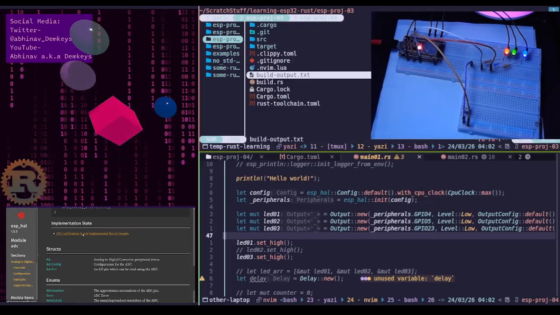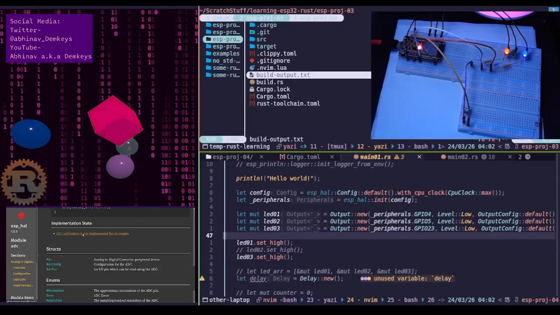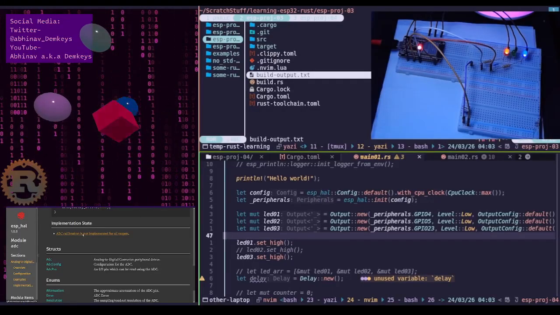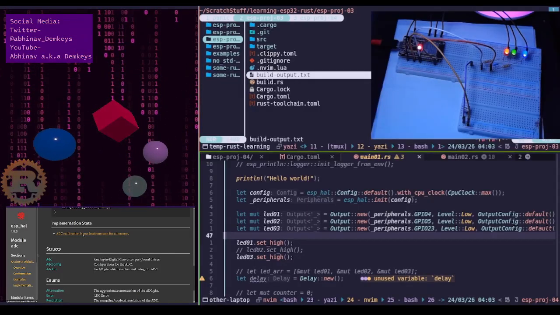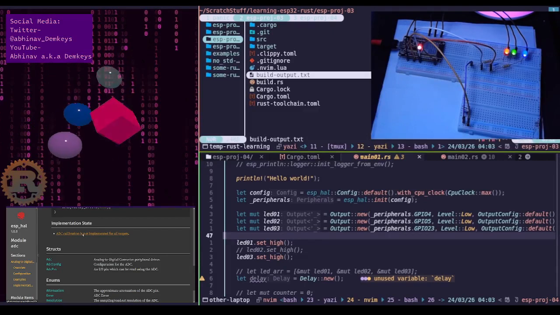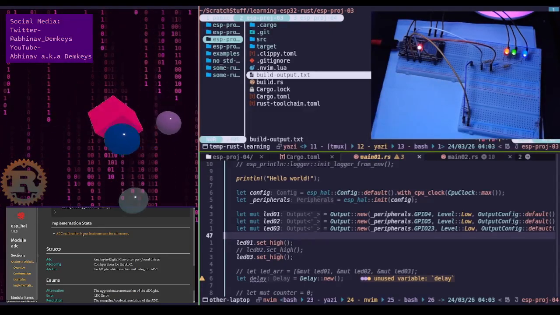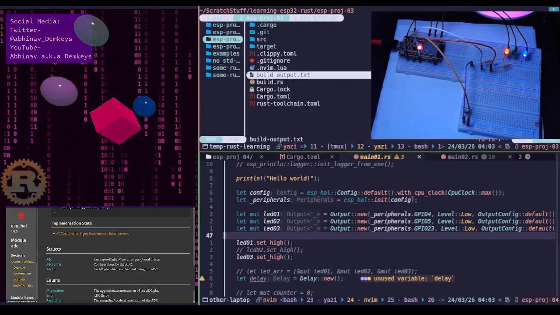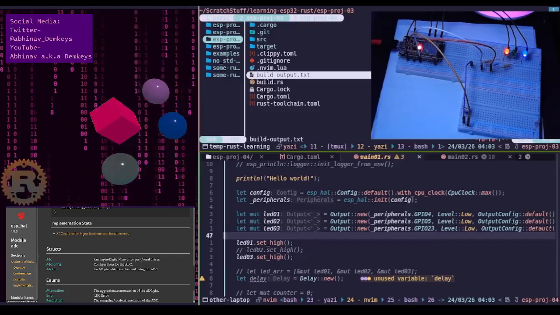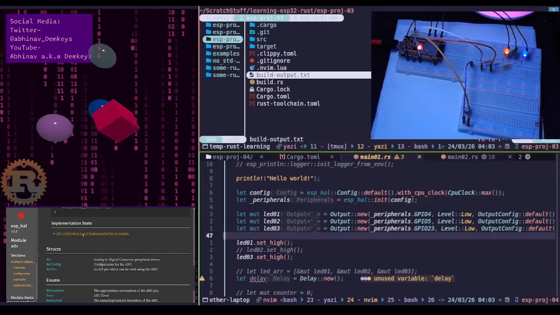Maybe some microcontrollers don't use the 0 to 4095 range, as in maybe some microcontrollers don't use a 12-bit value. Maybe they use lesser, maybe they use more. I don't know.